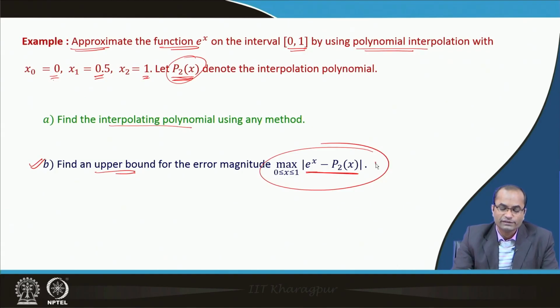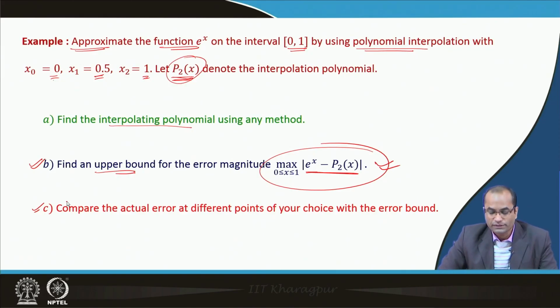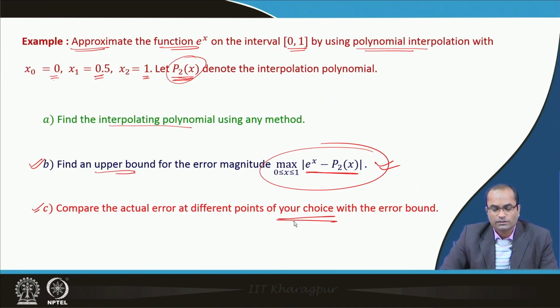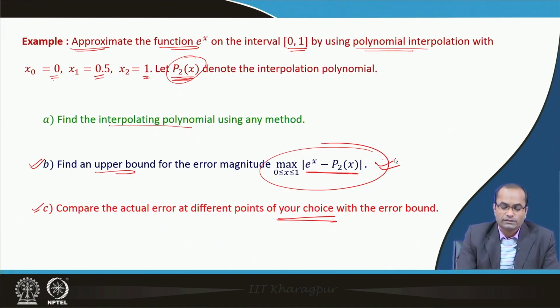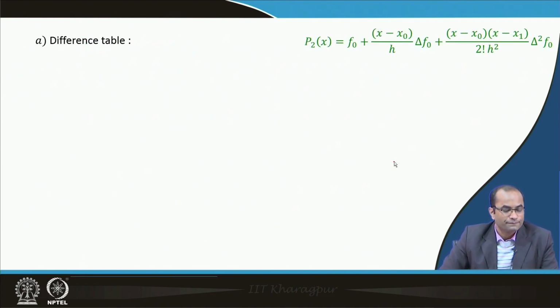So, that formula we can use to estimate this error here, and then we will also compare the actual error at different points. We can choose different points where we can compare that error, whether this error bound really gives some meaningful bound for the error.